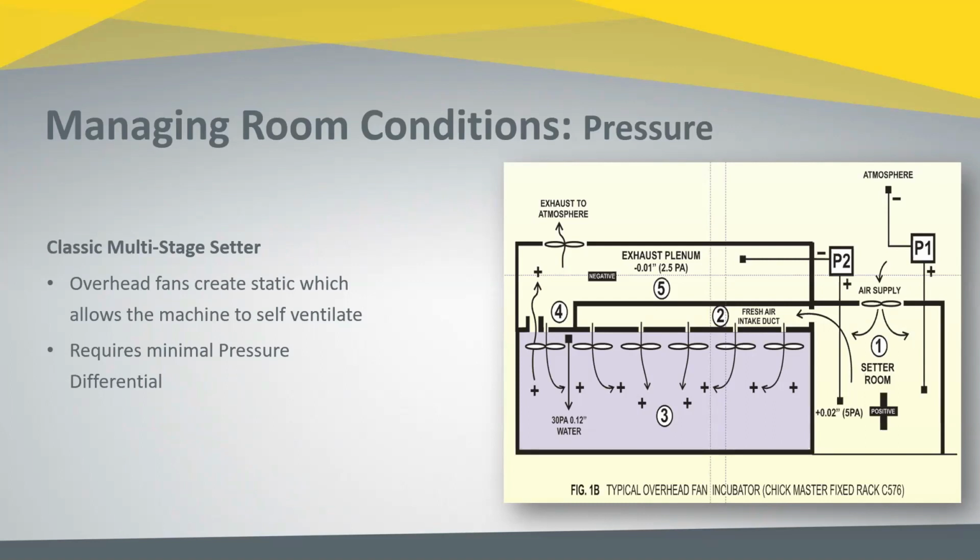And that pressure alone, creating that negative pressure in that fresh air intake duct, is what allows this machine to consume air from the room and therefore exhaust it out of point 4 port to the exhaust plenum, and therefore our plenum, being number 5, then only has to run at a slightly negative pressure.